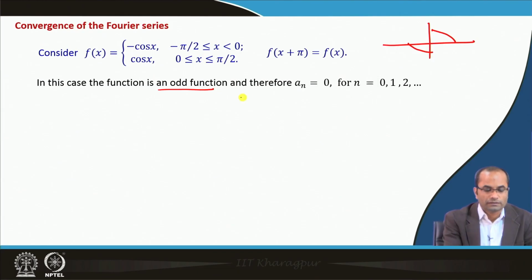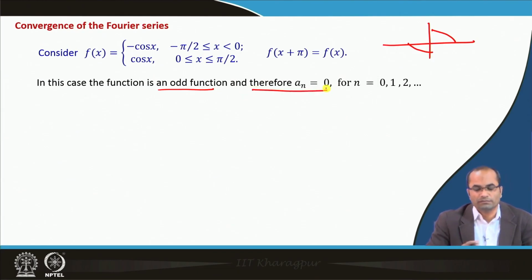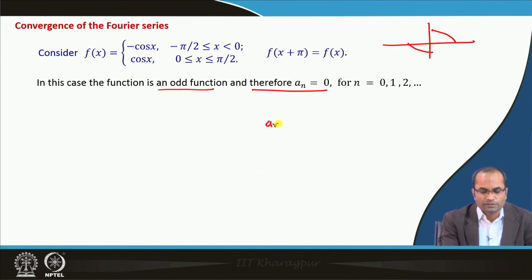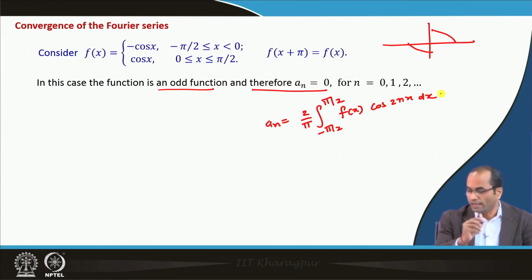Therefore, if we compute a n, similar discussion we already had in the previous lecture, this will be 2 over pi, and then we integrate from minus pi by 2 to pi by 2 the function f x times cos 2 n x d x.